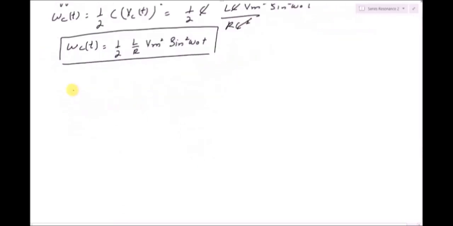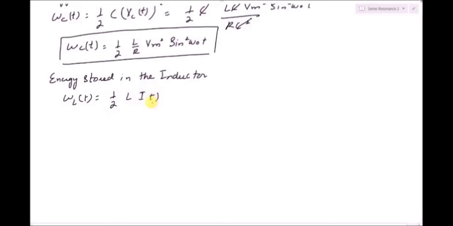Now if I have to find the energy stored in the inductor, the formula is WL(t) is equal to half Li square, right? So this should be small i, and we know the formula of current that we already derived for the resonant condition.